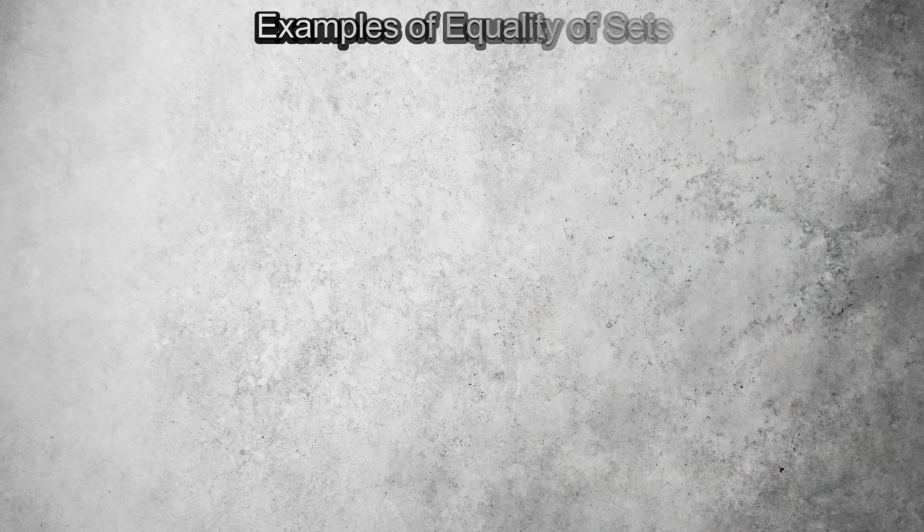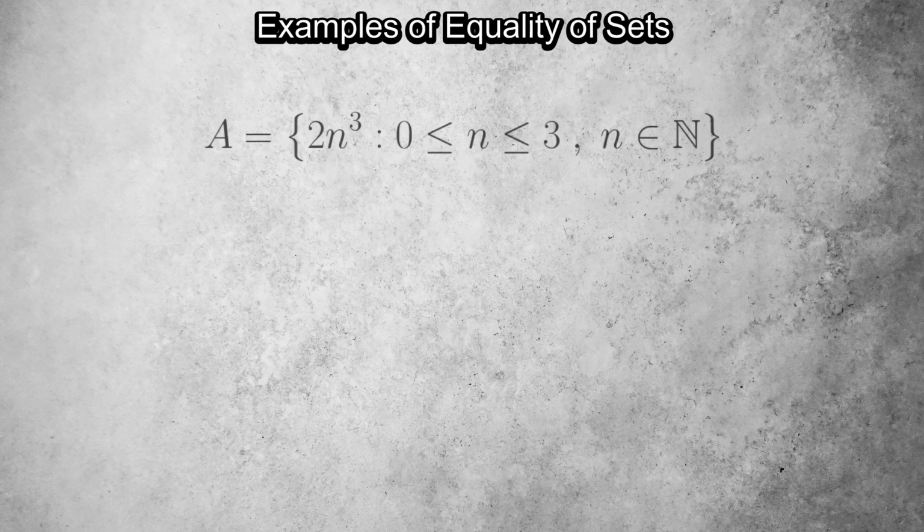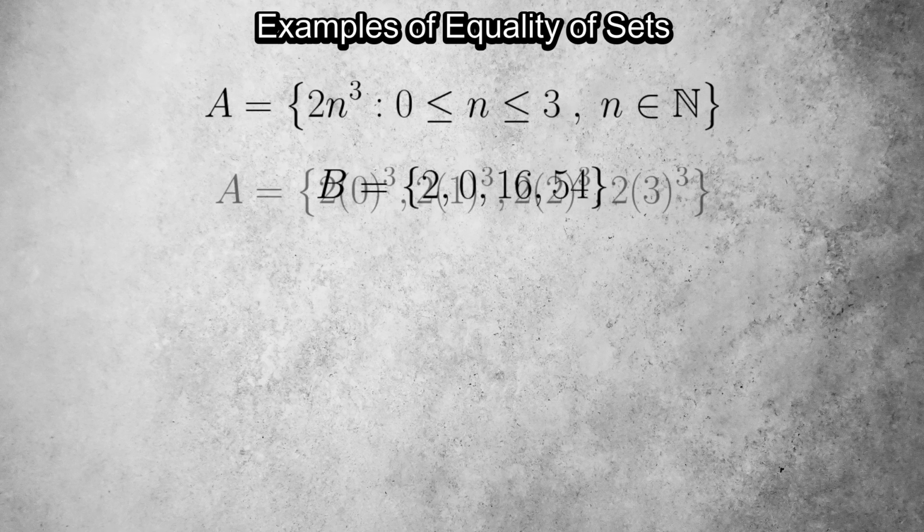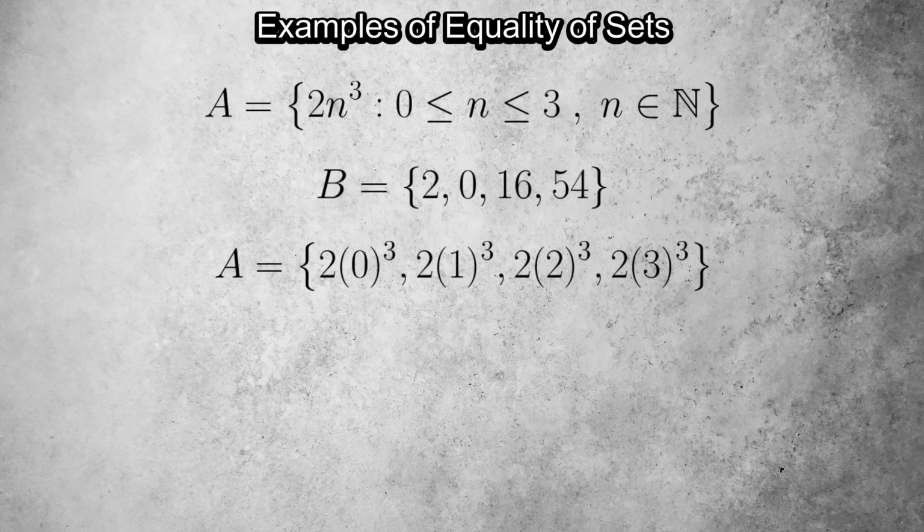Let us consider the following example. Consider the set A with elements of the form 2n cubed, with n a natural number between 0 and 3, including these two numbers, and the set B, whose elements are 2, 0, 16, and 54. Now, in order to check if A and B are equal, we need to list the elements of A. In other words, we need to define A by extension.